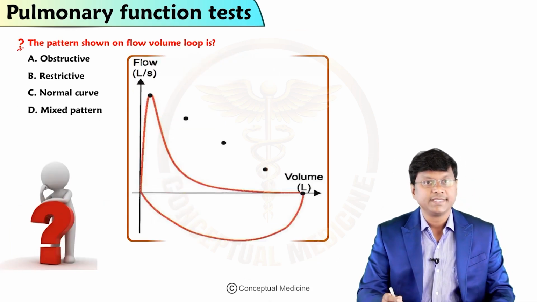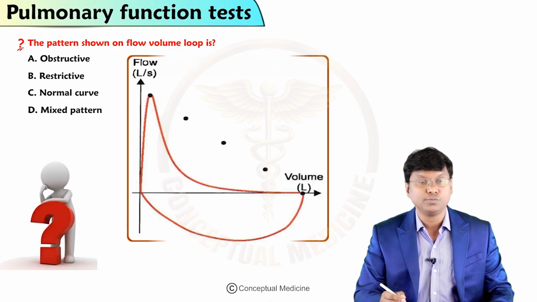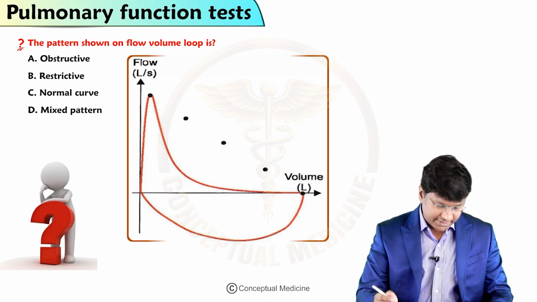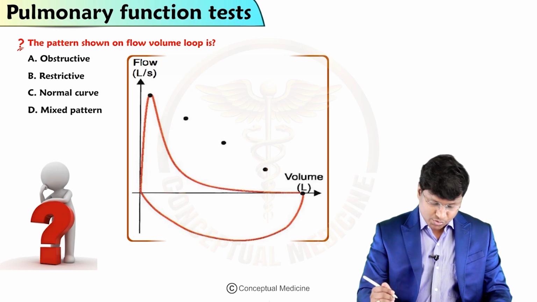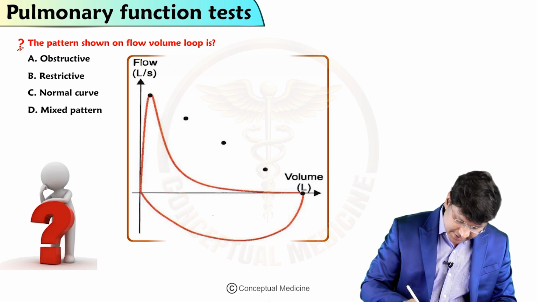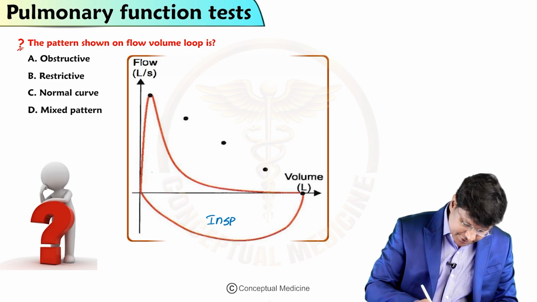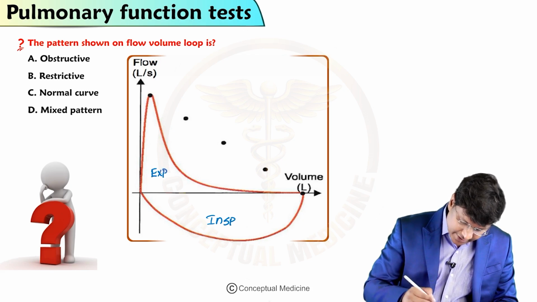The question is, the pattern shown on the flow volume loop is obstructive lung disease, restrictive lung disease, normal curve, or mixed pattern. So if you observe this here, this is the inspiratory component and this is the expiratory component. Actually, how should it be? It should be like this.